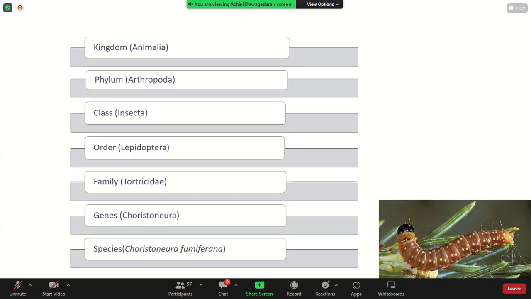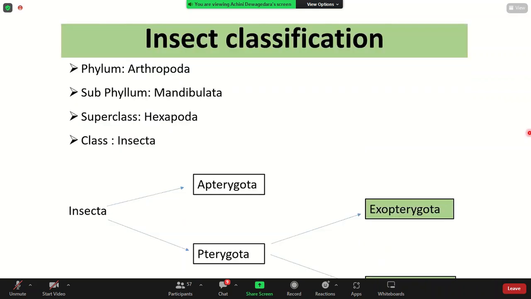Hemiptera. Yeah, Hemiptera. Hymenoptera. Okay, let's see how those orders come about.